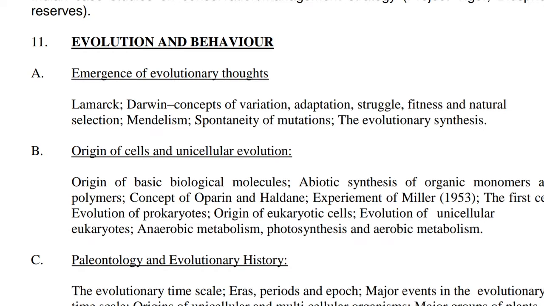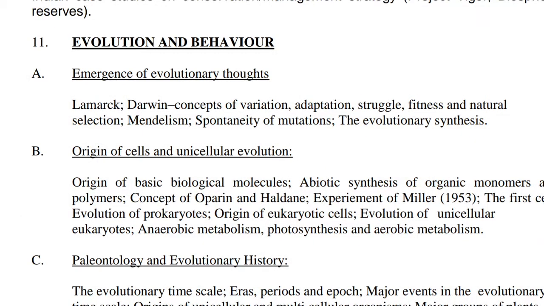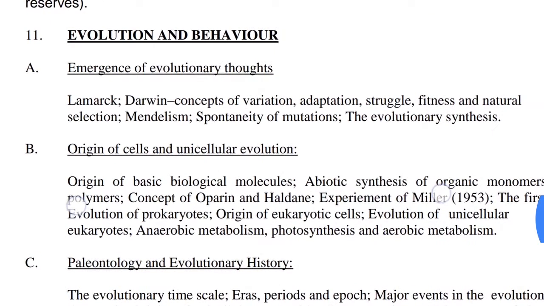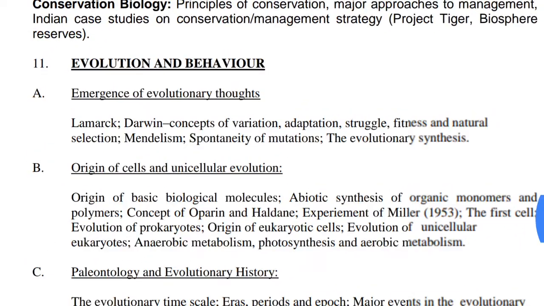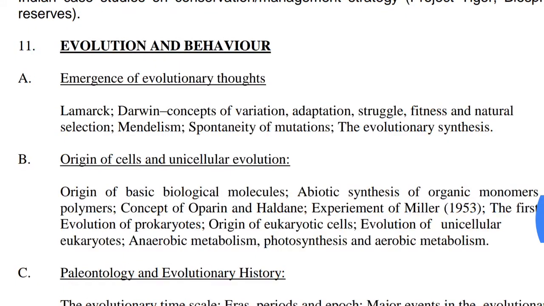You are very familiar with Lamarck and Darwin, concepts of variation, adaptation, struggle, fitness and natural selection, Mendelism, spontaneity of mutation, the evolutionary synthesis. You have already read this, just brush up from the basic books.